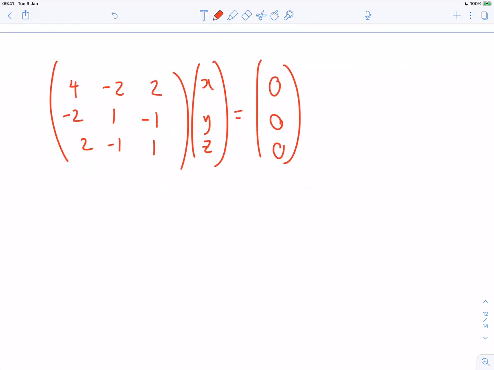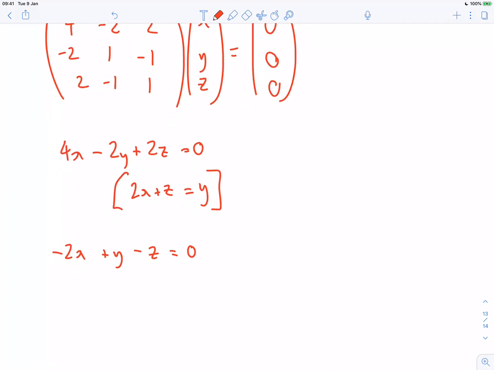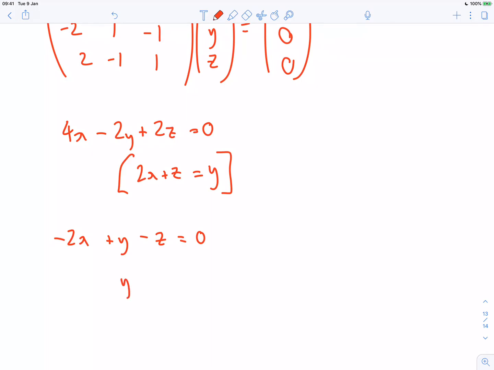Okay, multiplying across the top, I've got 4x minus 2y plus 2z equals to 0. So that means y equals 2x plus z if I add 2y to both sides and divide by 2. So that's fine. Next up, I'm going to have minus 2x plus y minus z equals to 0. And if you look at that, that's y equals 2x plus z again.